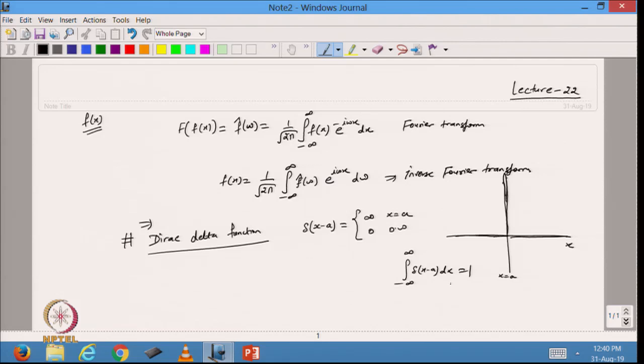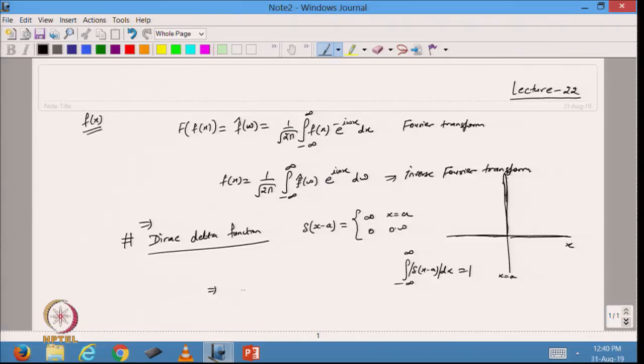So, I can say that the absolute value integral is a finite value. So, this also satisfies the second condition, that it is absolutely integrable. After satisfying this, I can define my Fourier transform.